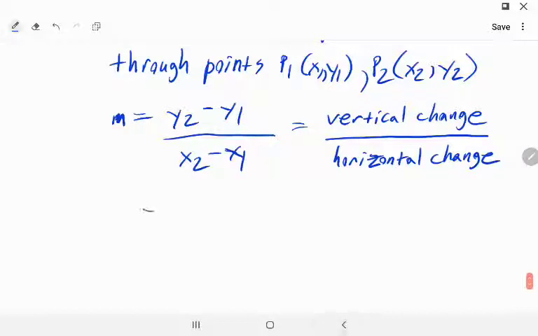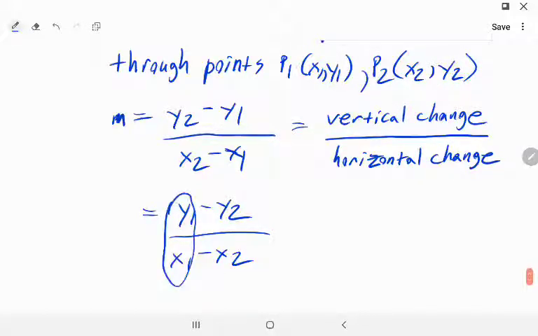We'll get the same thing if we took y1 minus y2 divided by x1 minus x2. We just have to have the coordinates match. We want to make sure that the 1's match and the 2's match, but the actual order doesn't matter that much.